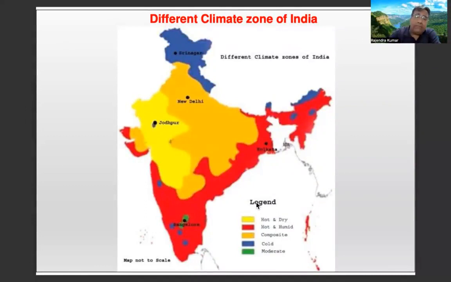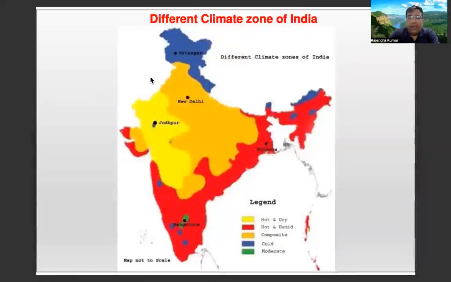In this yellowish part, which is Delhi, mainly in this northern part of India, it's a very composite climate. In this part, which is closer to the western part of India, it's very hot and dry.